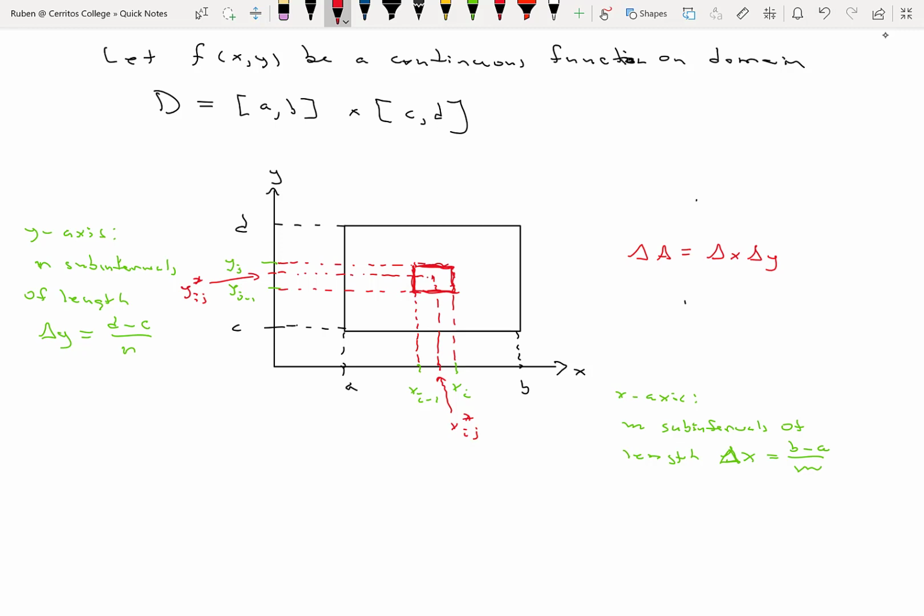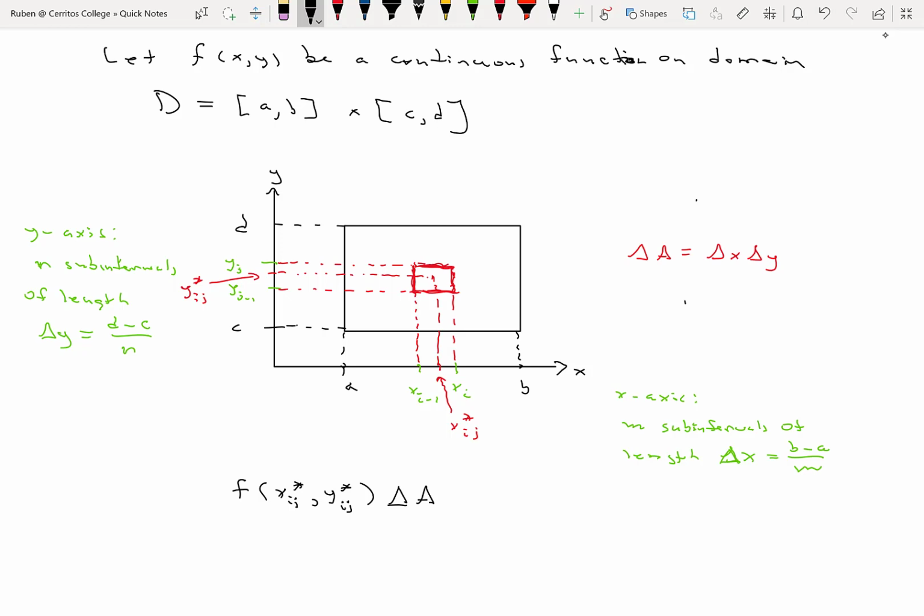There's that point right there. Then, just like we did with the single integral, we sampled the value of the function at that starred point, just a random point in that typical rectangle, multiplied by the area of that rectangle. In fact, the whole region D is filled with those little rectangles of the exact same area.